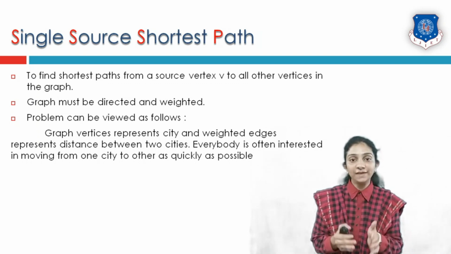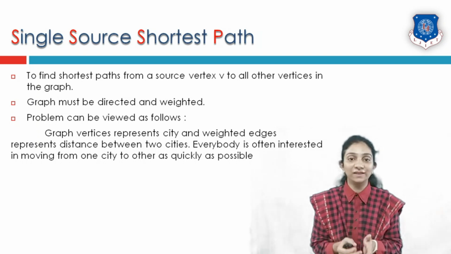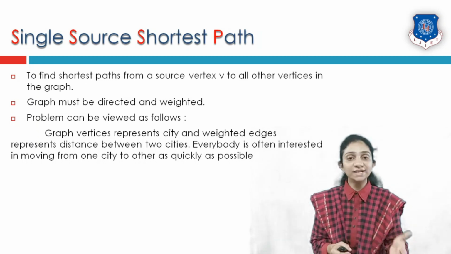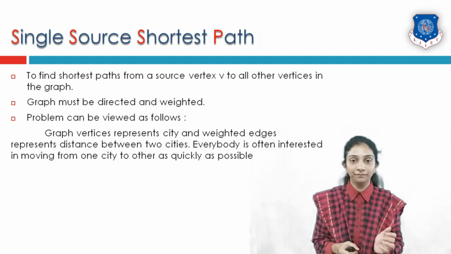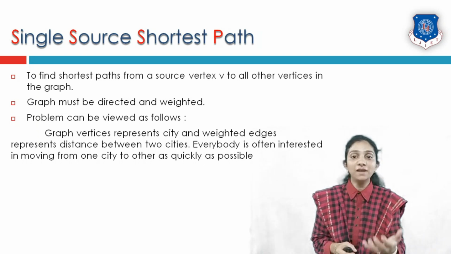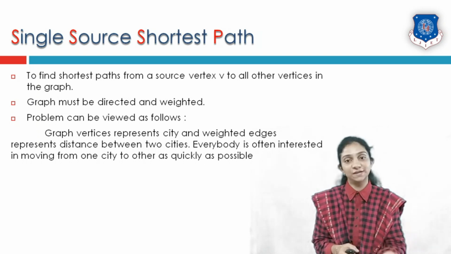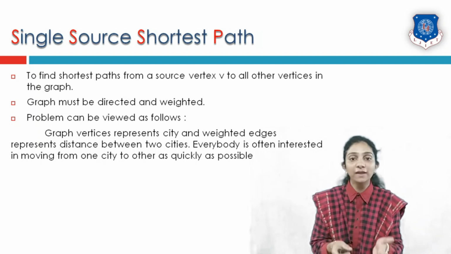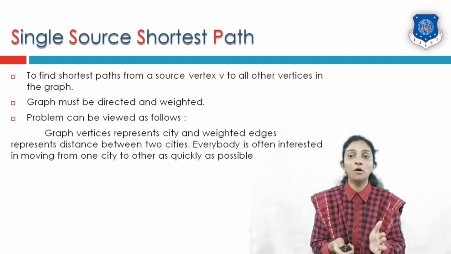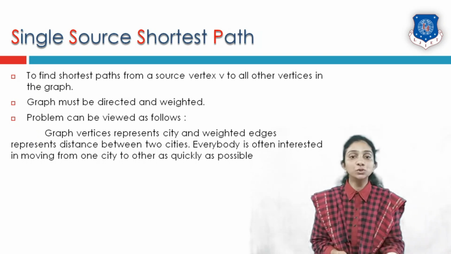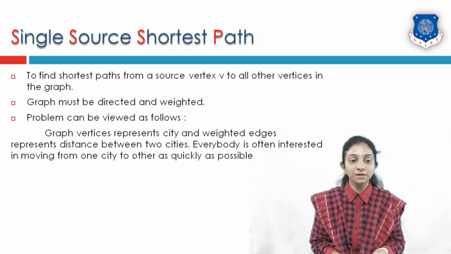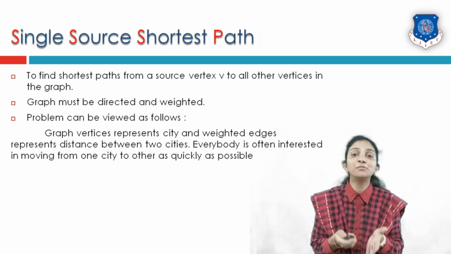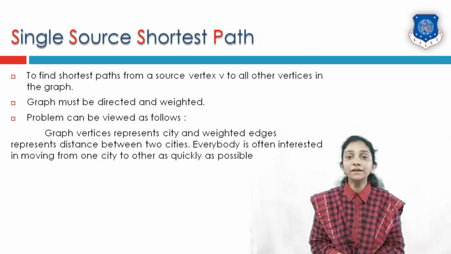The source of every person is one city and they want to reach a different city, which is not the same for everyone. The route is different, and the weight or price they have to pay to move to another city is also different, but they want to move as quickly as possible, so the distance between the two cities must be as small as possible.